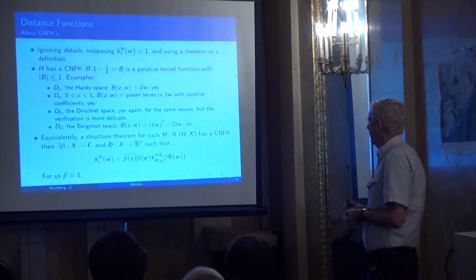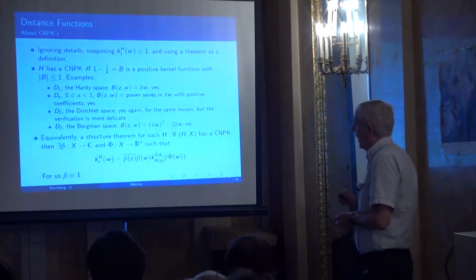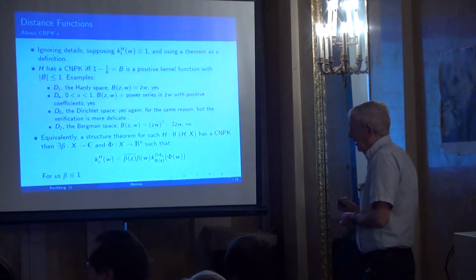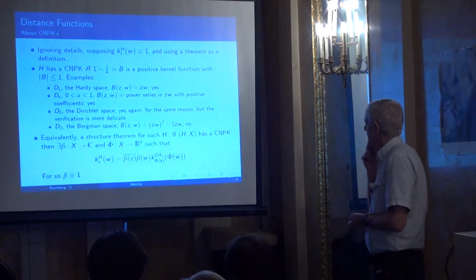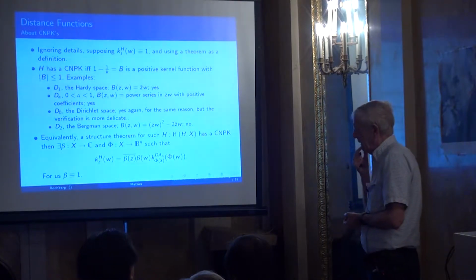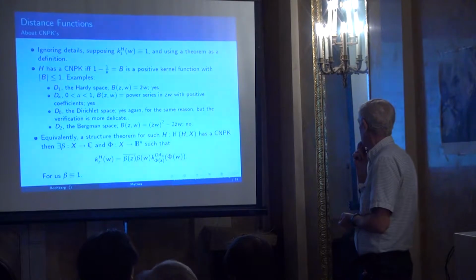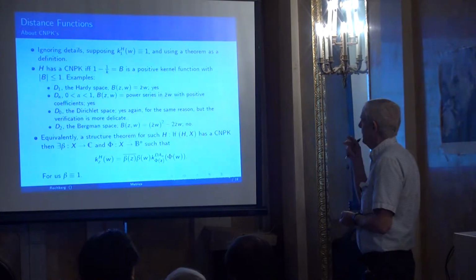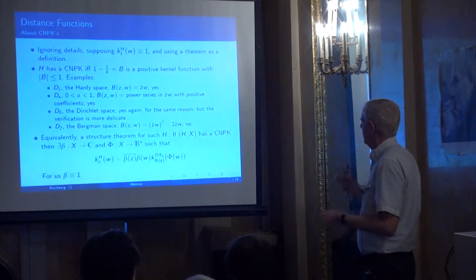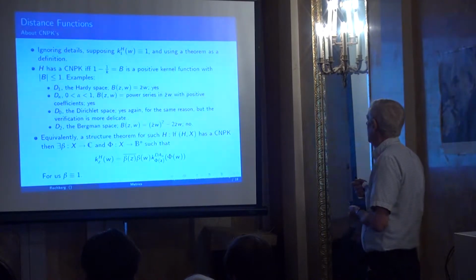Well, if I have a positive kernel, I can represent it. I have a positive kernel function on the space X. I can represent it by mapping X into a Hilbert space so that B of x y is the inner product of phi of x with phi of y.